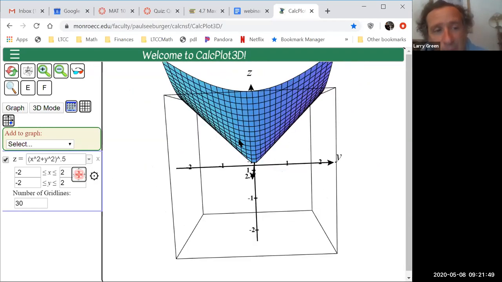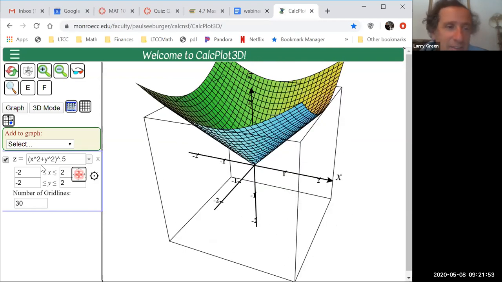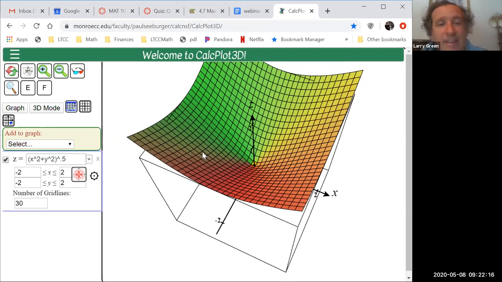But, and this is just like first quarter calculus, if you take a derivative of this, you end up with a square root of x squared plus y squared in the denominator. And if you plug in 0, 0, you actually get undefined. So this one does not have a gradient at the origin, but it does have a minimum.